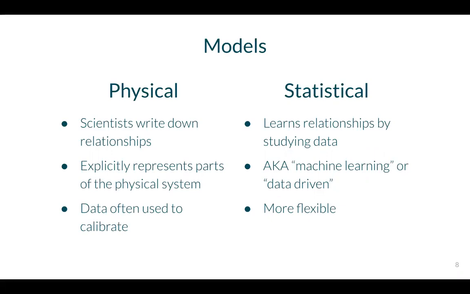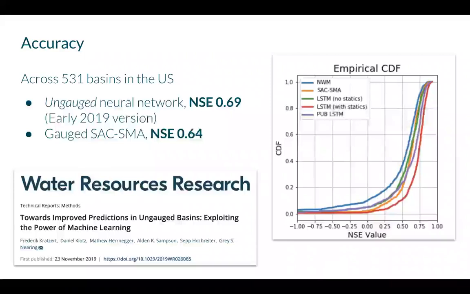So why might we want to use a statistical model? Accuracy is a really strong argument for using a statistical model. What we're looking at here is some results of research that we've published in open access journals. We did the research about a year ago, and it got peer reviewed and finally published last fall.